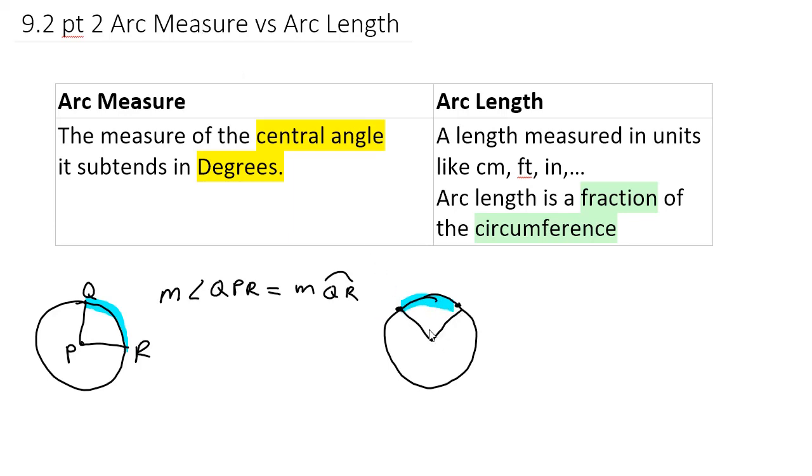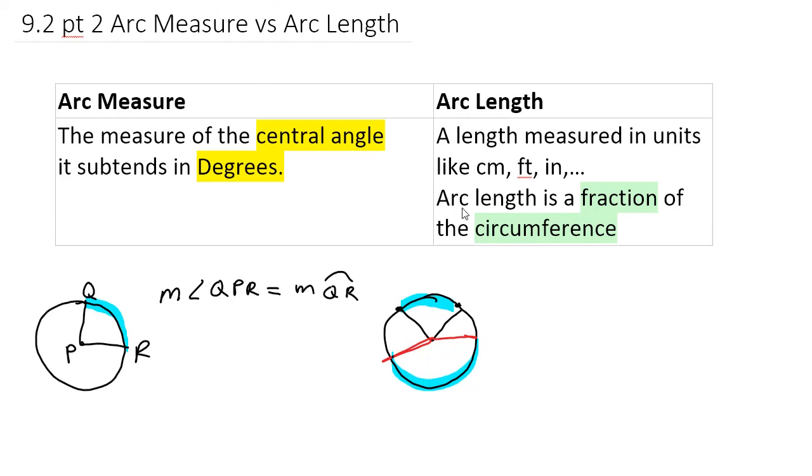But if I had a larger central angle, say I go from here to here, that's going to be another central angle, and that means that the length of the arc is going to be much greater. So the arc length is proportional to the size of the central angle.